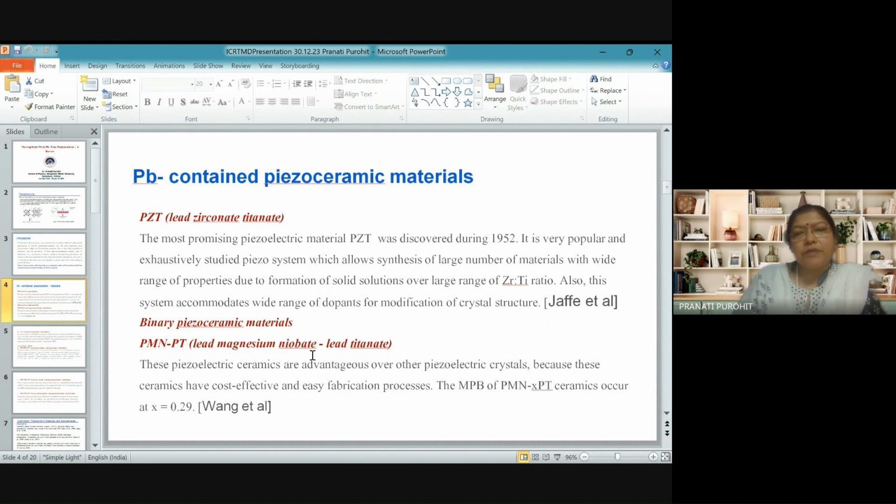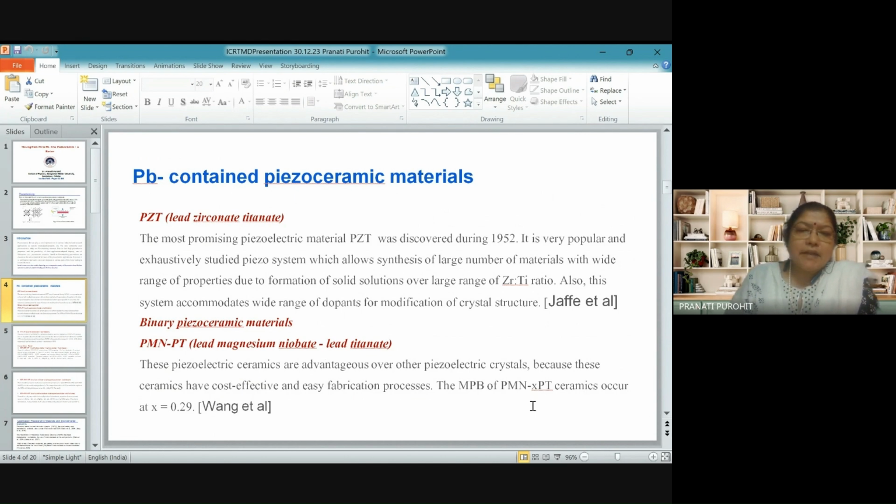This system allows the synthesis of a large number of materials with a wide range of properties due to the formation of solid solutions by changing the zirconium to titanium ratio. And this system accommodates a wide range of dopants for modification of the crystal structure.